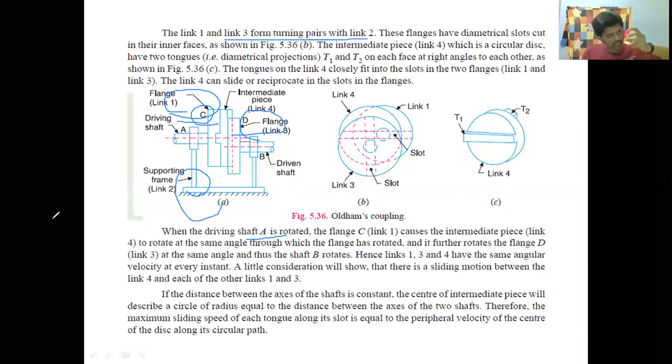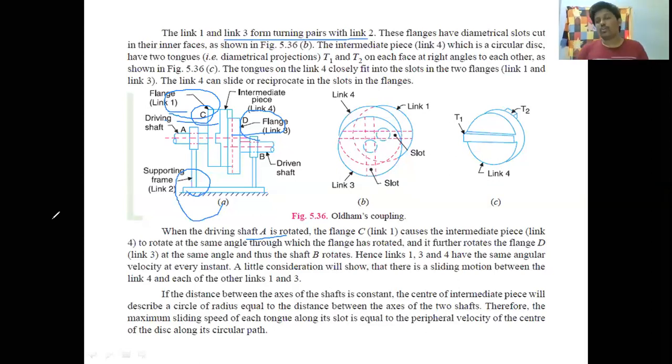This rotating part transfers the motion to the rotating part inside the flange, which in turn is connected to link 4, the other flange for the driven shaft. This motion is then converted to the rotating part in flange D, or link 4, and this in turn is passed to the driven shaft. So the rotating motion is transferred from the driving shaft to the driven shaft through intermediate rotating members in the flange. That is what exactly happens.